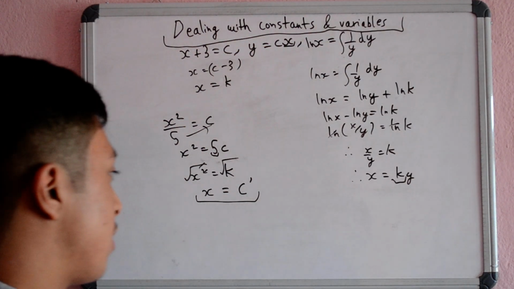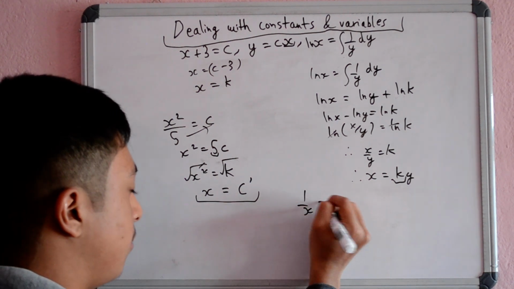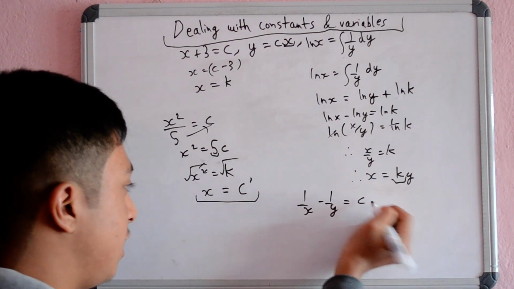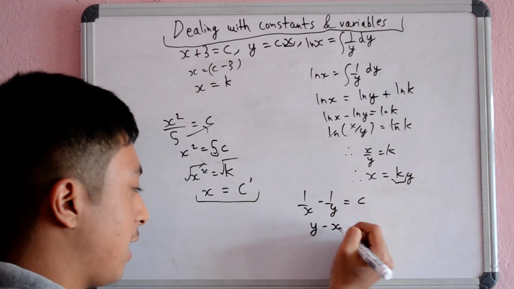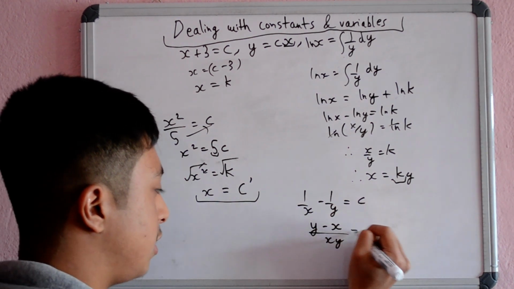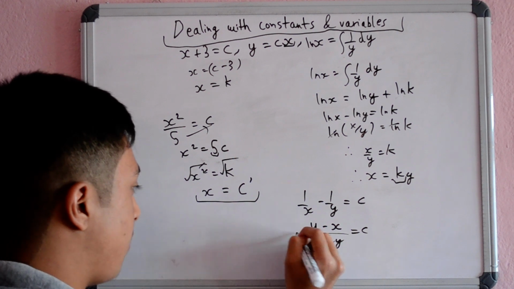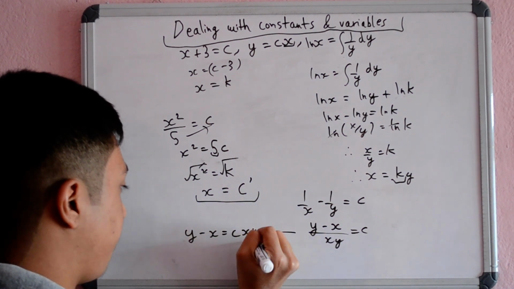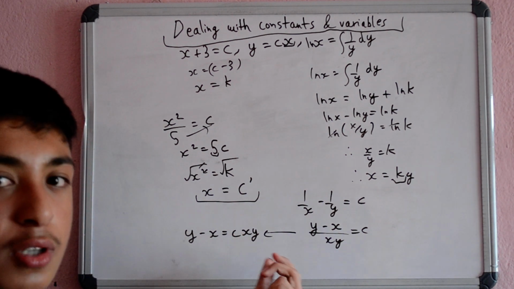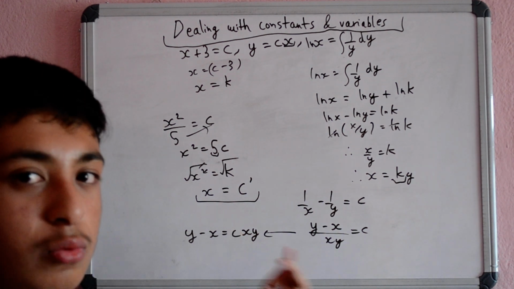You can get certain equations such as 1 by x minus 1 by y equals c, and here you can write it as (y minus x) by xy equals c, and y minus x equals c xy. Now this c becomes a coefficient for this x into y.